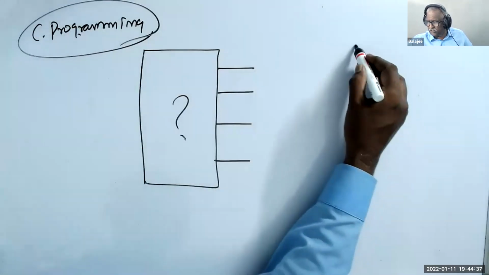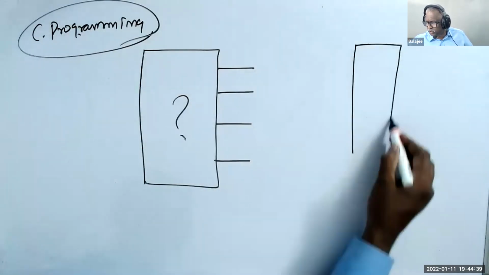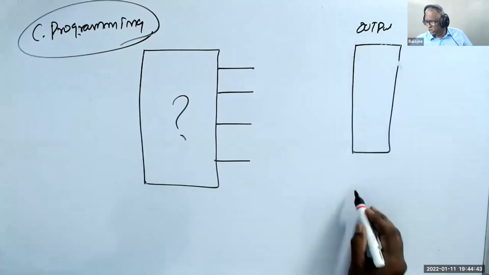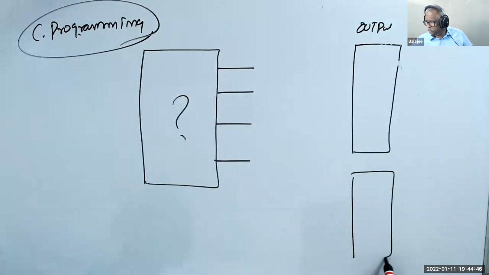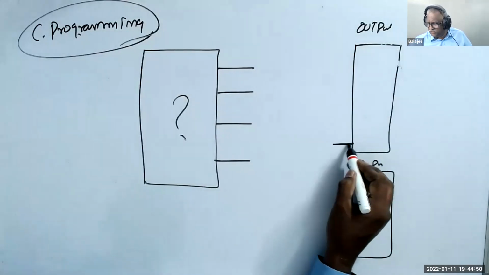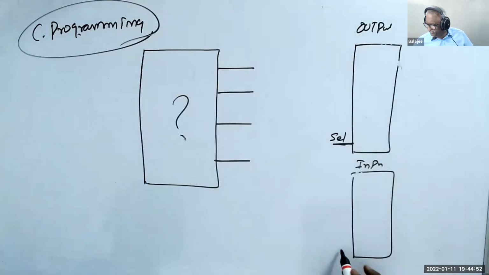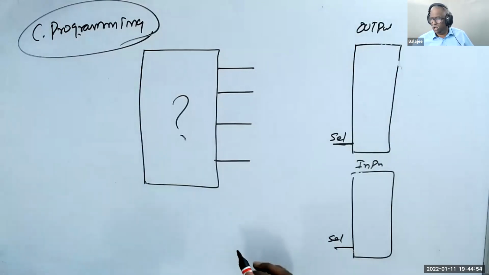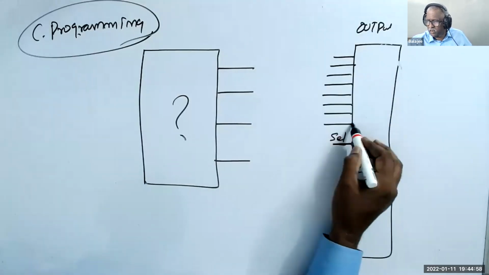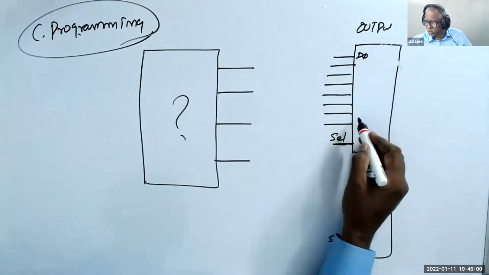Now, here I have two components. One is called output. One is called input. This guy is having a select. This guy is having a select. Now this guy is having 8 pins, D0 to D7.